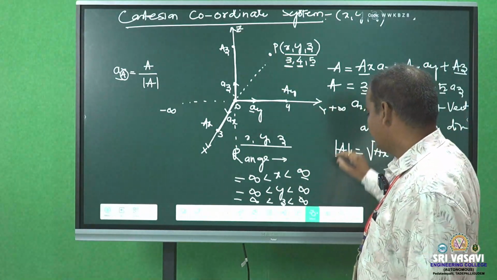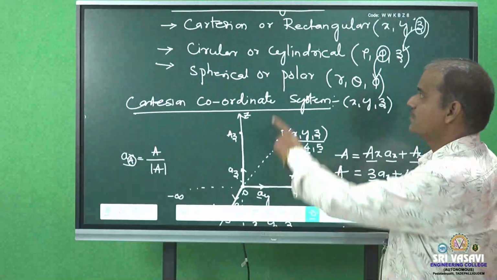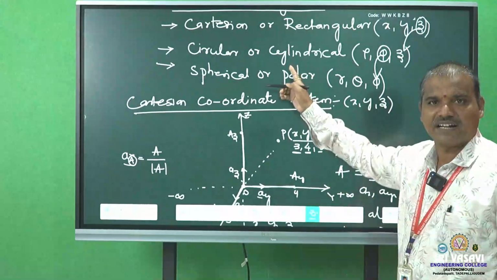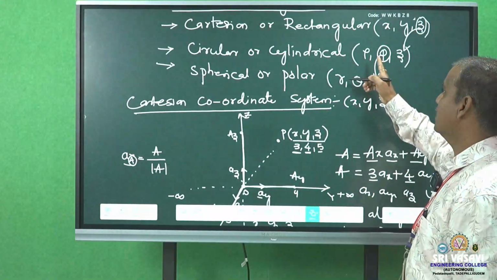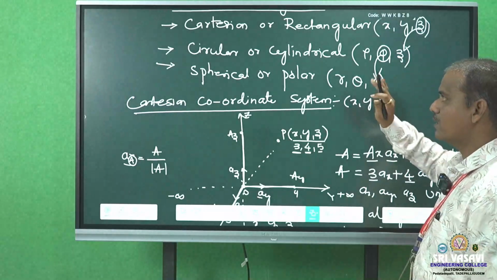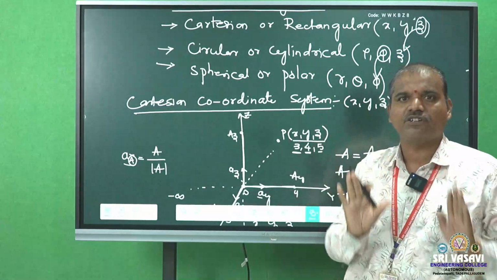The second one is the circular coordinate system. It is also called the cylindrical coordinate system. The variables are rho, phi, z. So we are talking about a circular system, where these variables come into the picture.